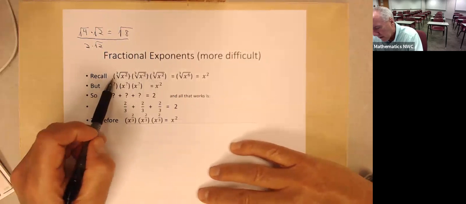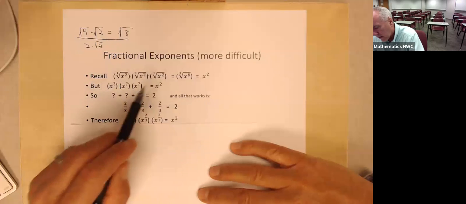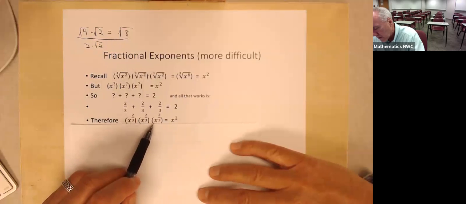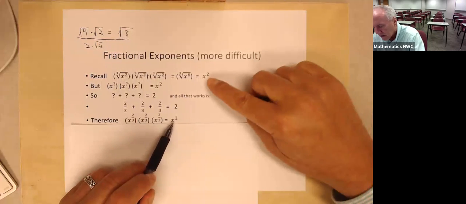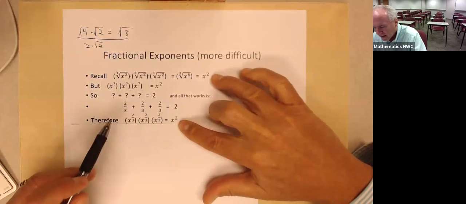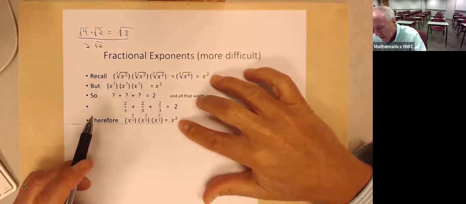Now go back up here. These 3 multiplied together gave you x squared. But also if I have x to the 2/3, x to the 2/3, x to the 2/3, I get the same x squared that I had up here. That's the basis for the logic of why we define the following things.